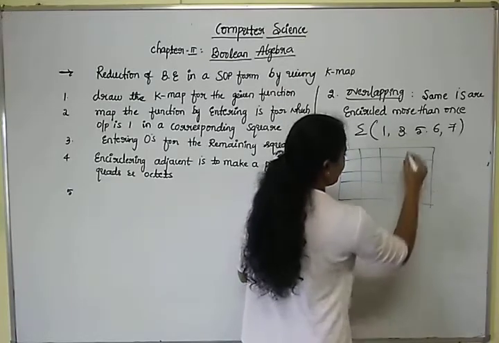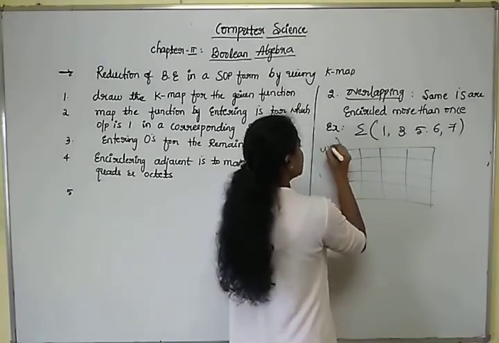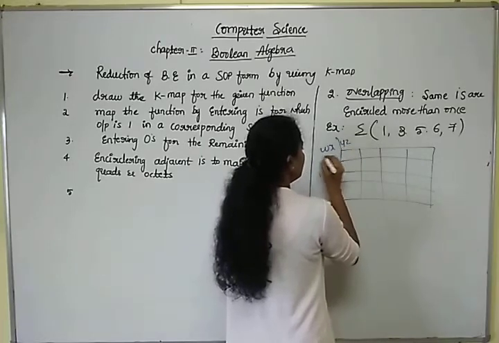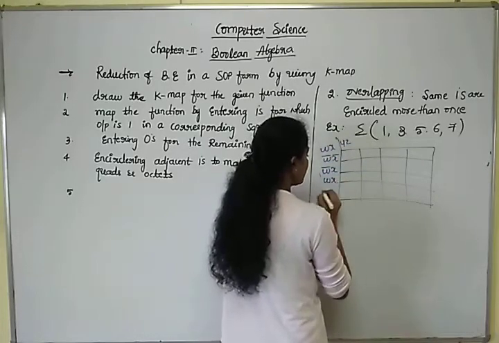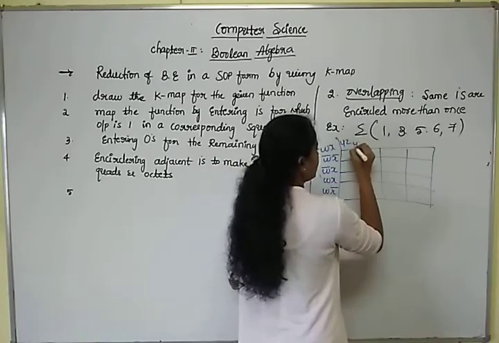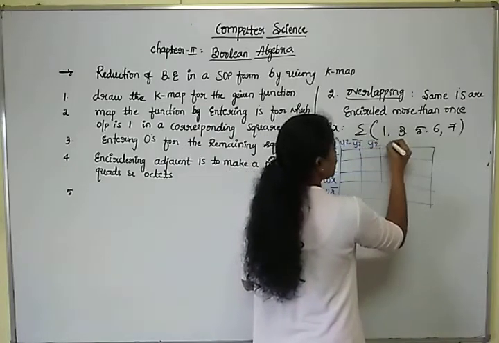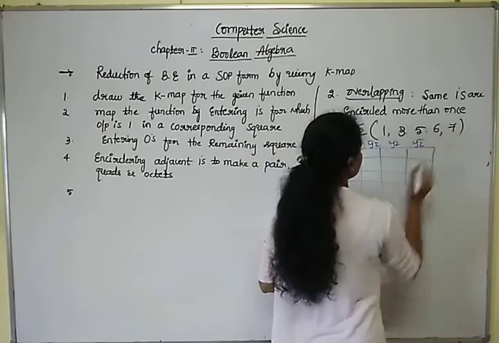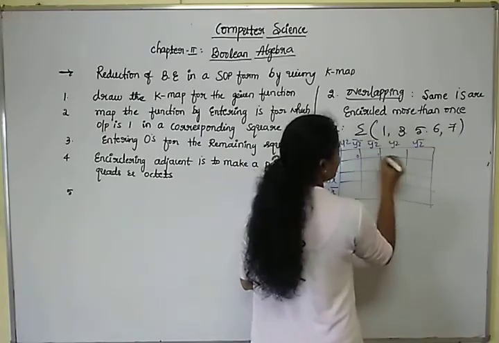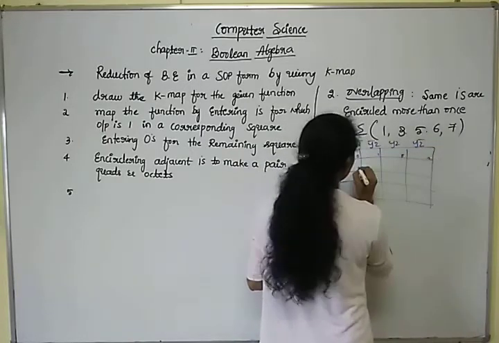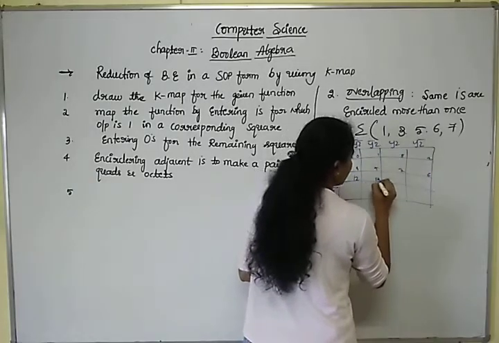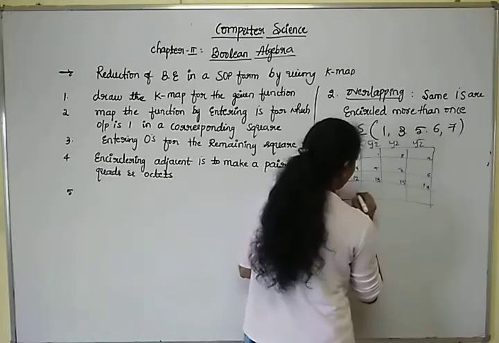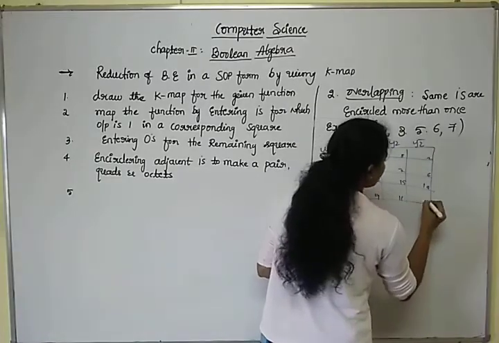This is a 4 variable K-map, that is W, X, Y, Z. Here W bar X bar, W bar X, W X, W X bar, and Y bar Z bar, Y bar Z, Y Z, Y Z bar. The numbering scheme is 0, 1, 3, 2, 4, 5, 7, 6, 12, 13, 15, 14, 8, 9, 11 and 10.